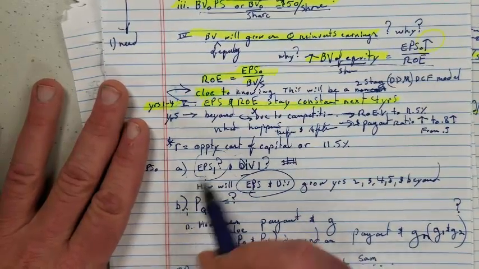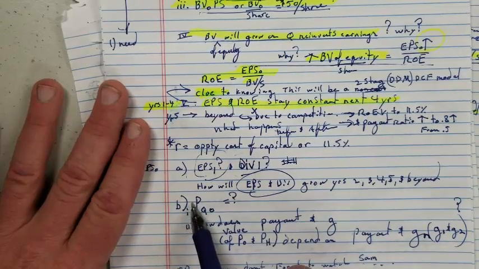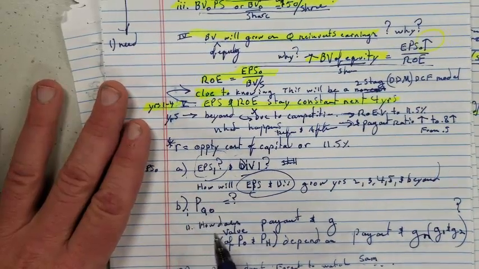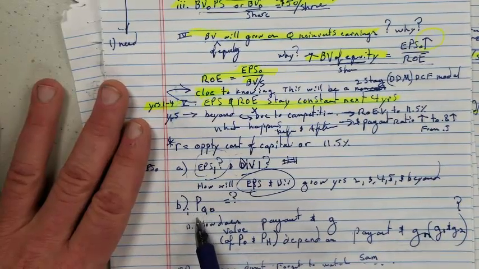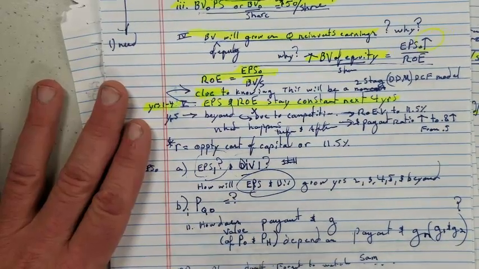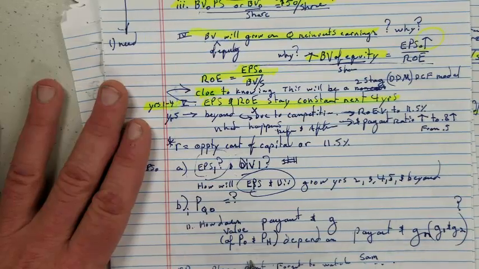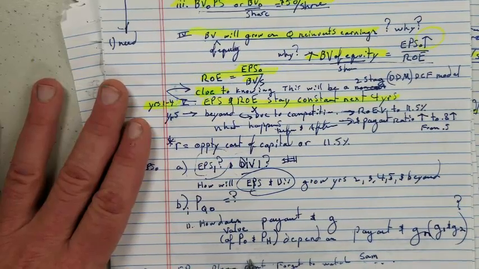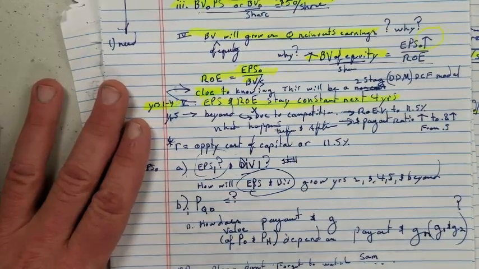The B is what is the present value of the stock, and lastly, how do the payout and the growth rate affect the present value, and you could also say the horizon value of the stock. Okay.